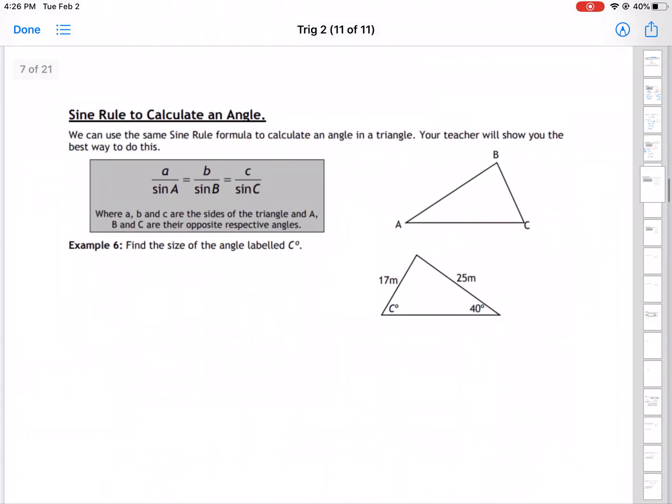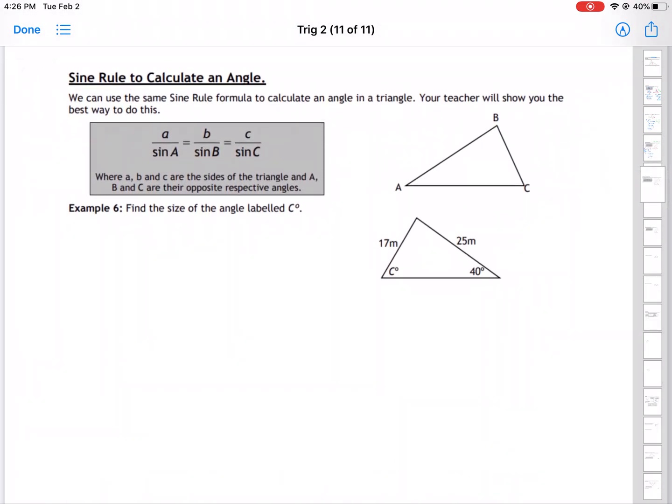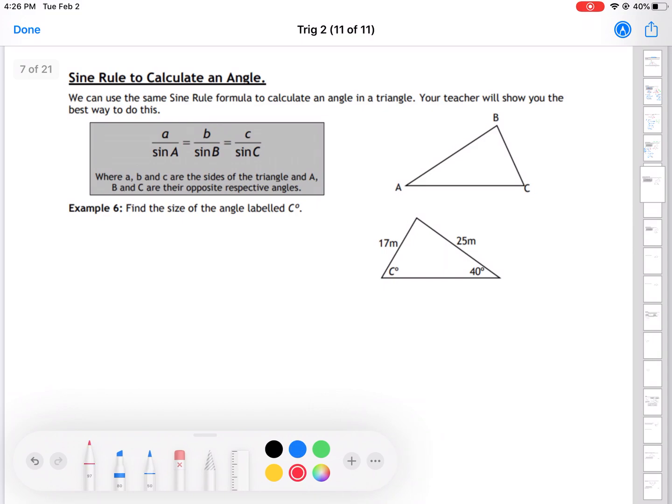Now, we can also use the sine rule to calculate an angle. So if we are missing, say, angle A, then we can use our sine rule to calculate that instead. With this triangle, we are going to take all of the sides.